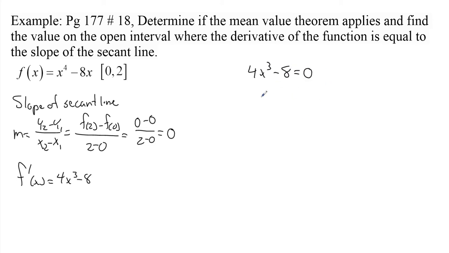And so we bring the 8 over to that side, 4x to the third is equal to 8. And then x to the third is equal to 2. So x equals 2 to the 1/3 power. And that is definitely between there.